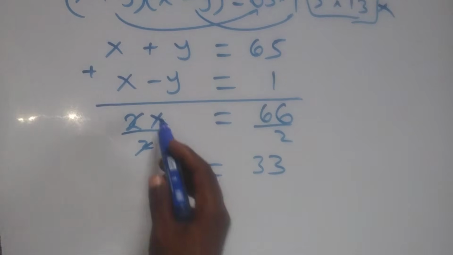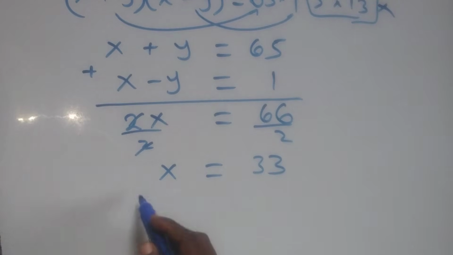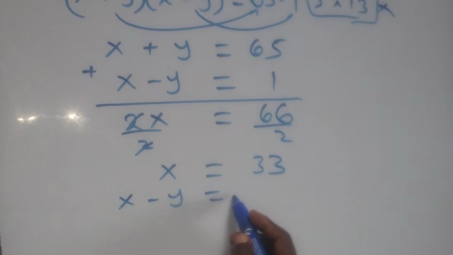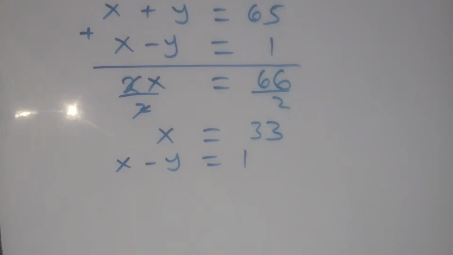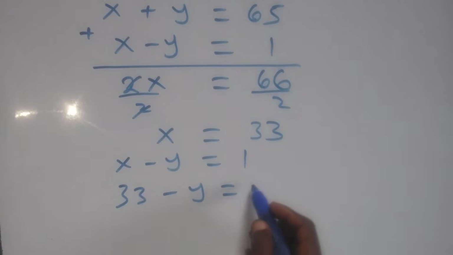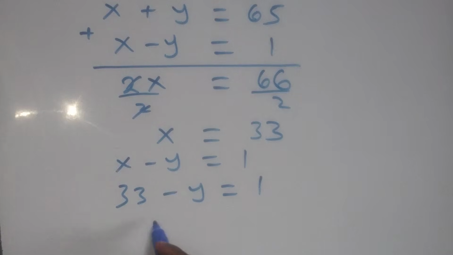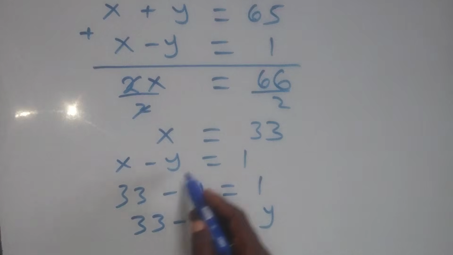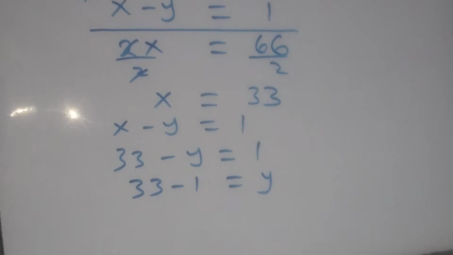Then we can get the value of y from the equation x minus y equals 1. So we have 33 minus y equals 1. So y equals 33 minus 1, taking 1 to one side and minus y to the other, the sign changes.